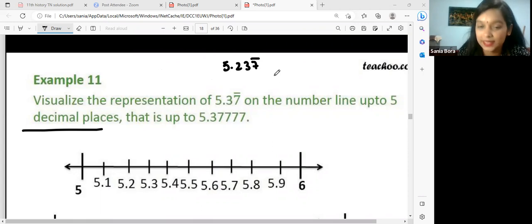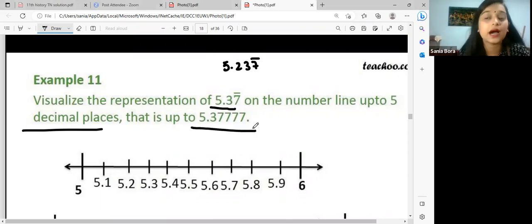They just ask you to represent it in the form of up to 5 decimals.